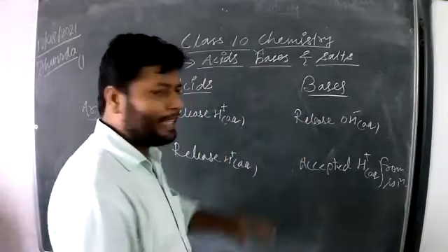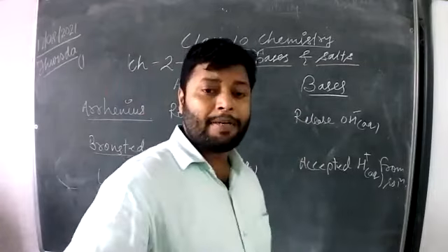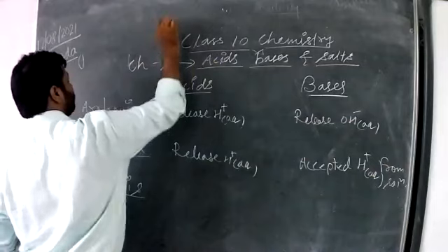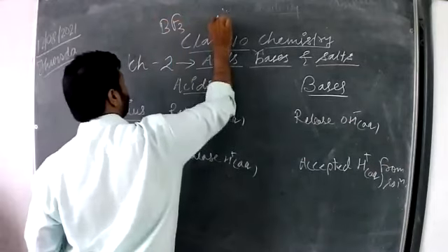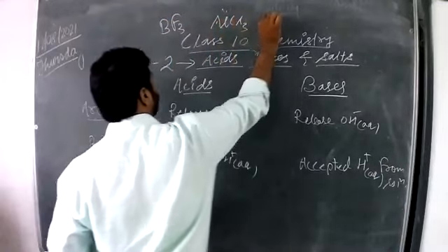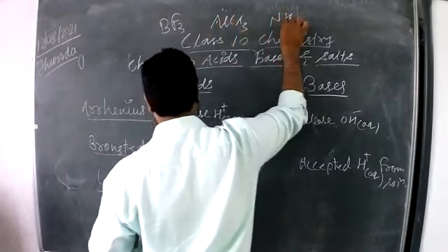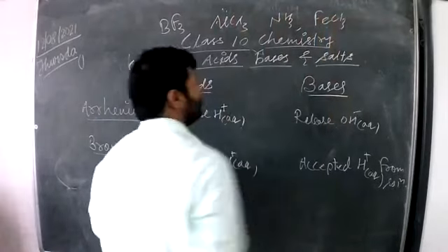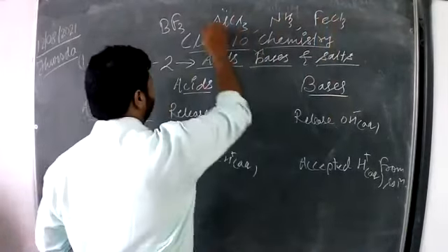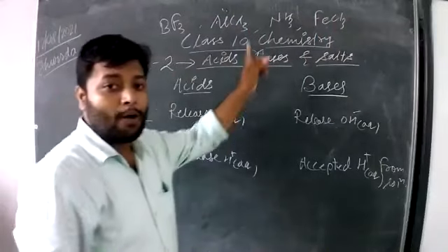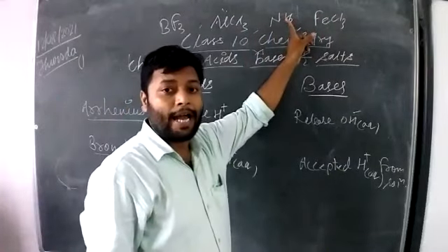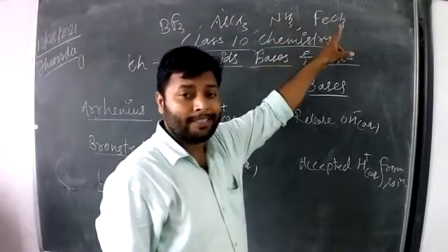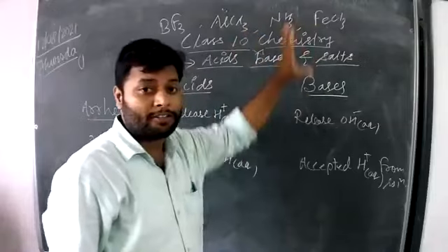Suppose we have a substance, I'm randomly choosing some substances. You can see that out of four, only one substance has hydrogen, and the other three have neither hydrogen nor oxygen.